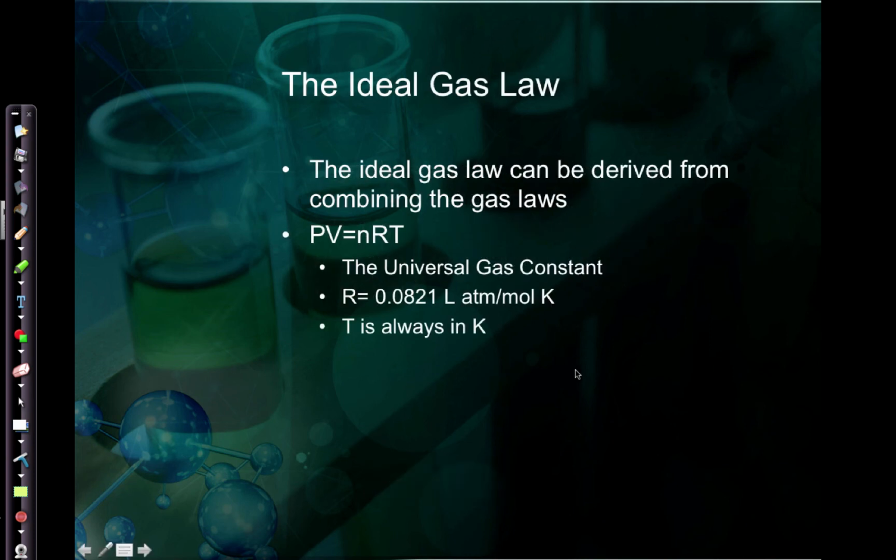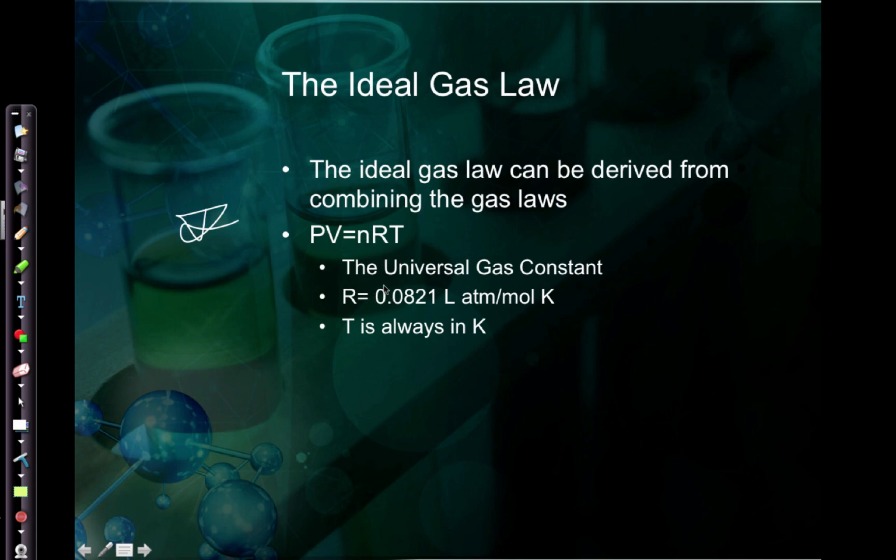All right, so the second real law that you really need to know is the ideal gas law. The combined gas law has Boyle's law, Charles' law, Gay-Lussac's law, and Avogadro's law combined in there. Really, you just need to know those relationships. The ideal gas law is another equation, and this one will be given to you on the test. It's PV equals nRT.